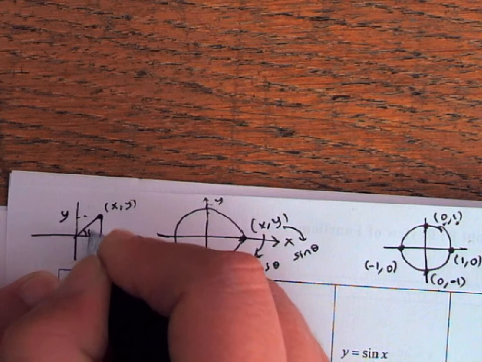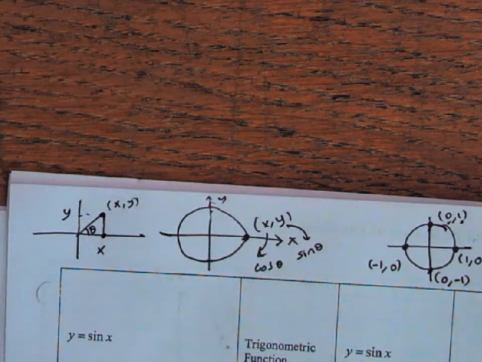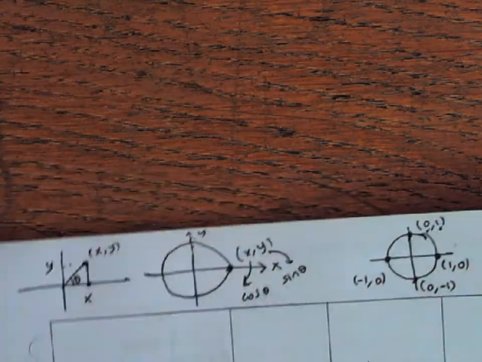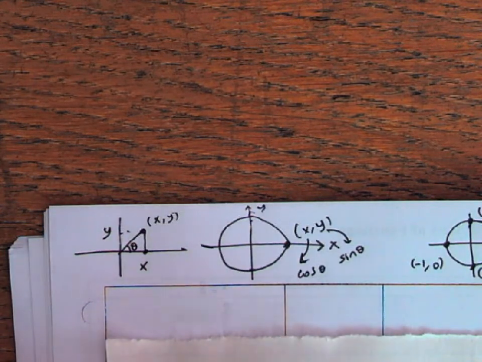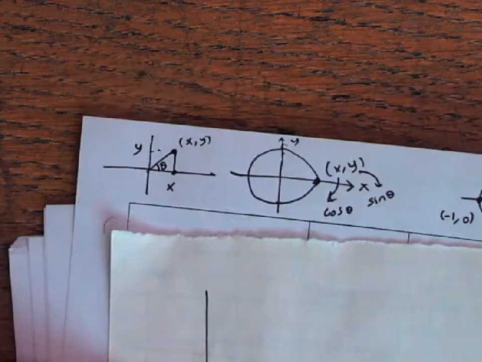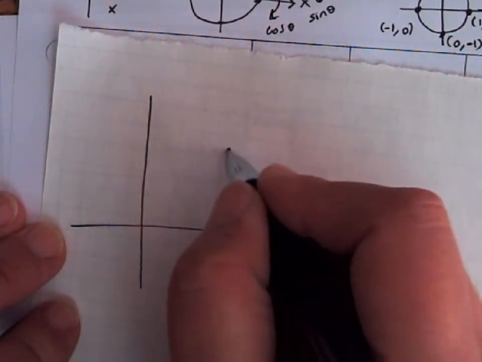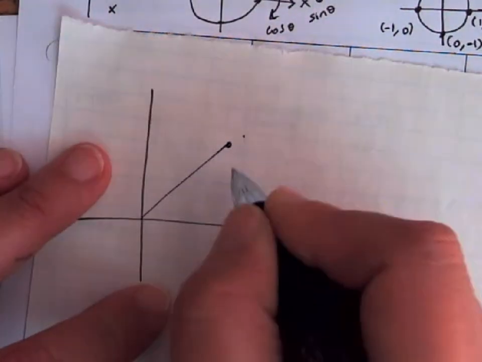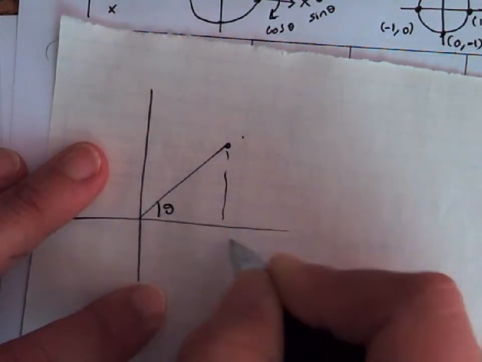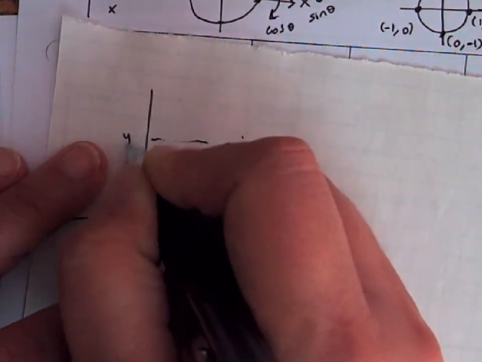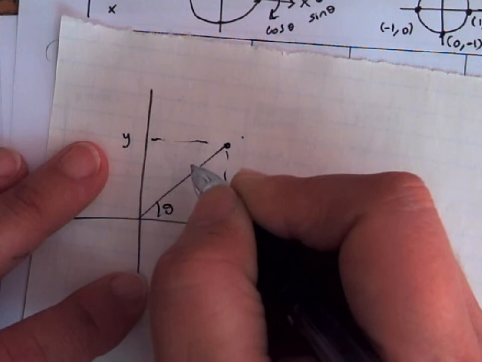And you have theta here. We said that is theta, that is x, and that is y. And we are talking about the unit circle.